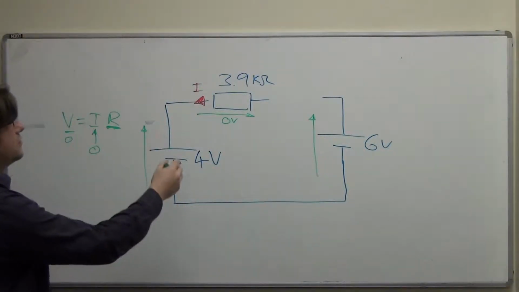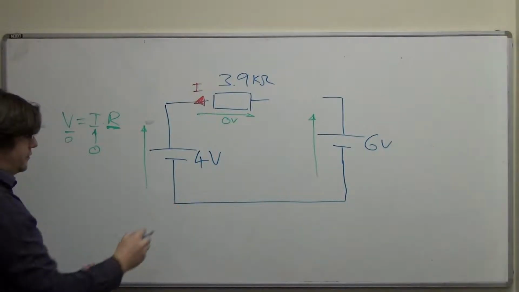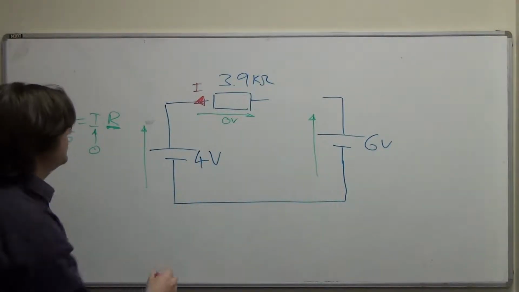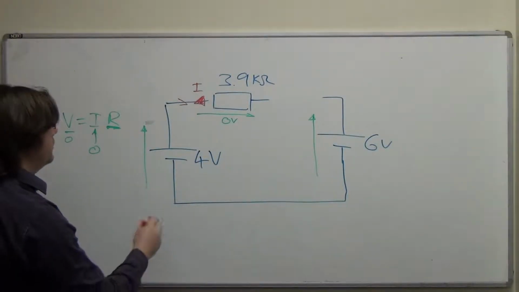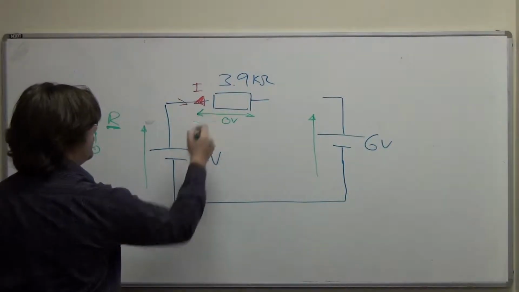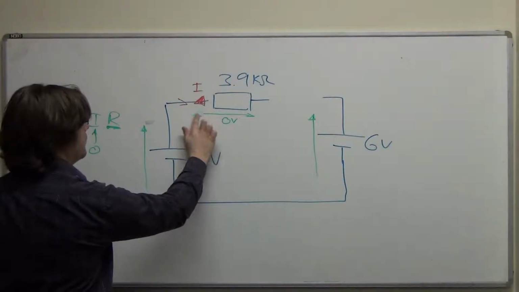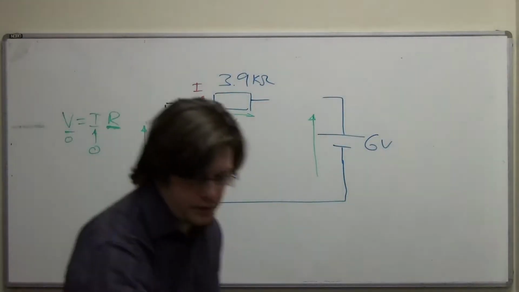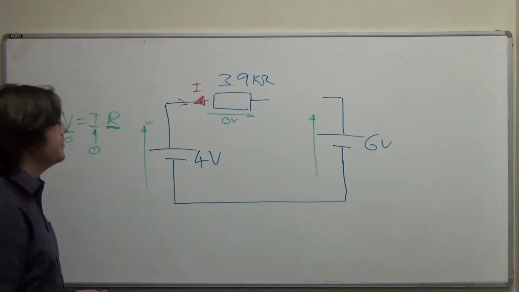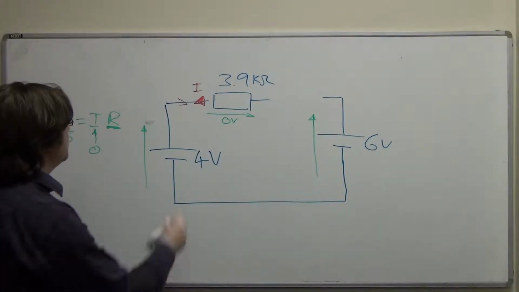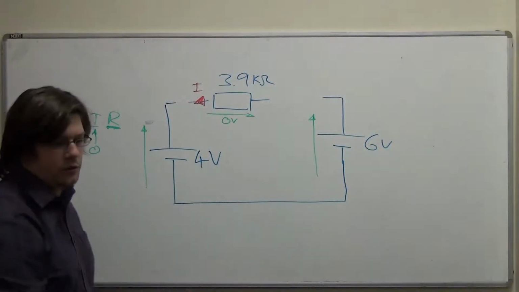Now, if you wanted to, you could draw that arrow the other way round and say that the current flows that way, or the current that would flow that way, and that this arrow was like that. It's entirely up to you. And the way that you write down the equations, this problem is, to my mind, relatively simple, so I probably won't be writing out any equations for it.